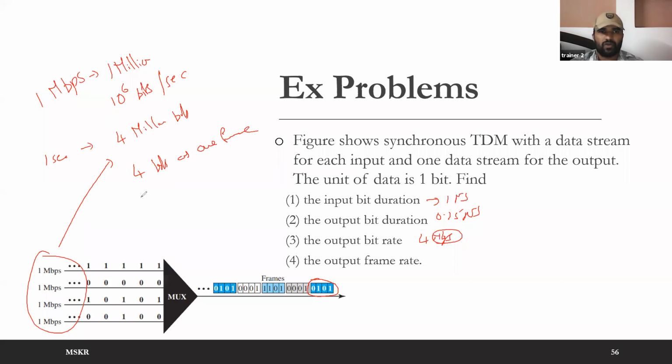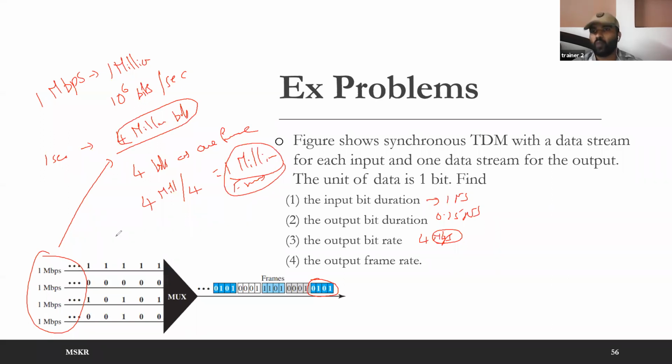So 4 bits one frame means 4 million bits by 4 is equal to 1 million frames. If you are sending 4 million bits per 1 second, you are sending 1 million frames for 1 second. So the output frame rate is 1 million frames per second.